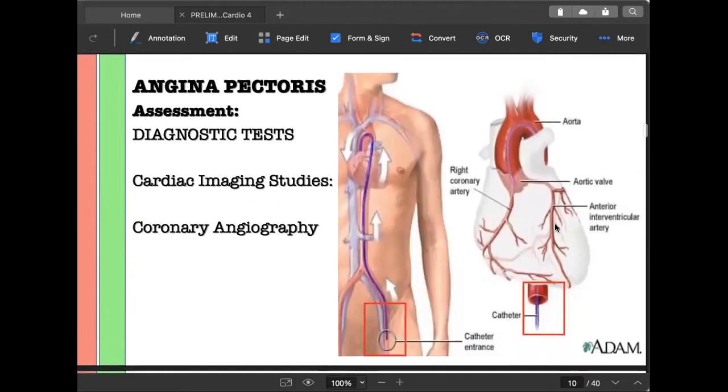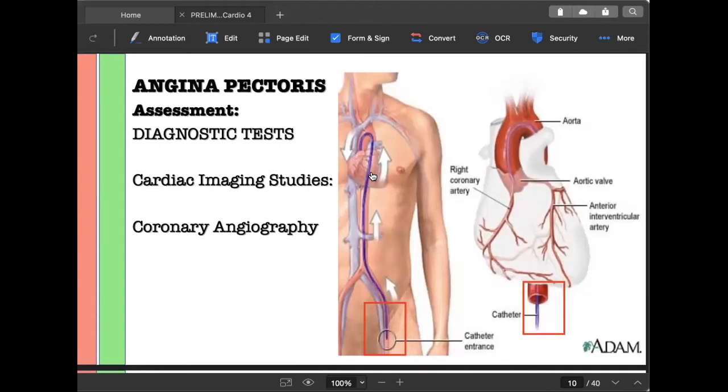Okay. Now here, another thing is your cardiac imaging studies or your coronary angiography. What is happening here, as you can see, is a catheter being inserted in the femoral area. Now it goes directly to your heart.